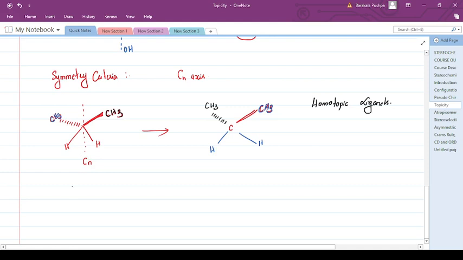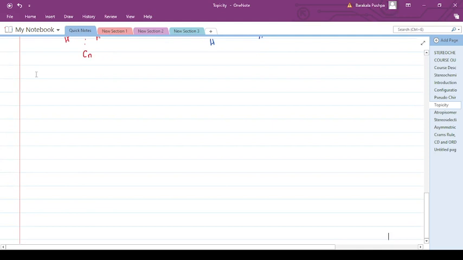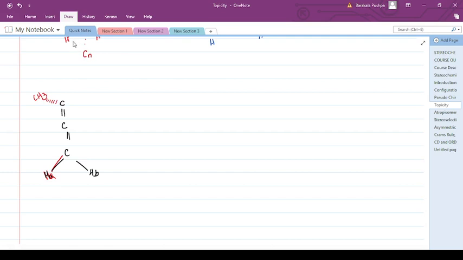Now, for example, if you take another molecule, you have HB and HA, then here CH3, and again here CH3.